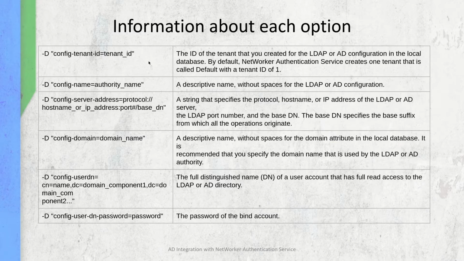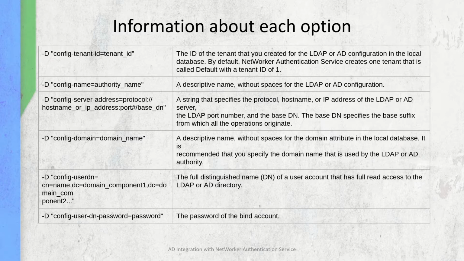The first information that we need is the config tenant ID. This ID is just an identification number that you can provide, so that for any commands that are related to the Authc management, we can provide this particular tenant ID to be run.